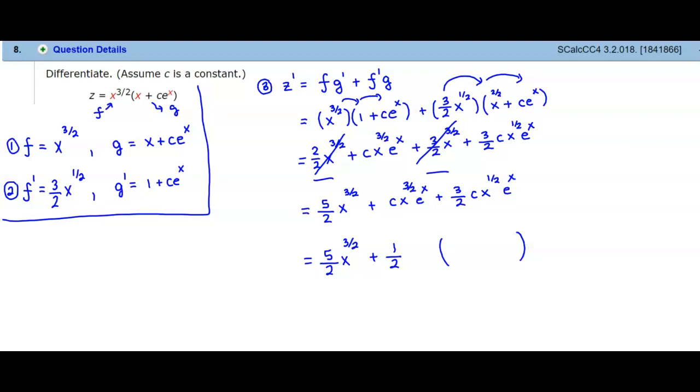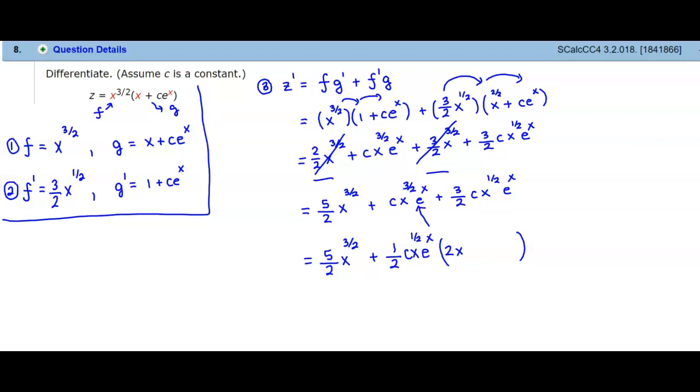Well, 1/2 times 2 is going to give us 1, so we can make that a 2. We're going to factor out a c, and we can also factor out an x to the 1/2, and an e to the x. Because if we multiply this term by 2x, then that's going to give us this term here.